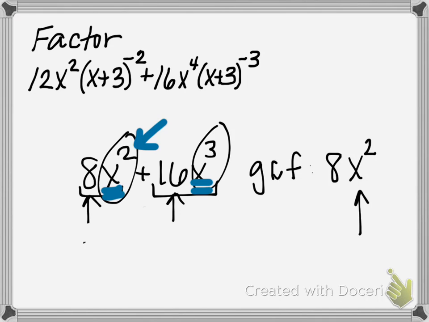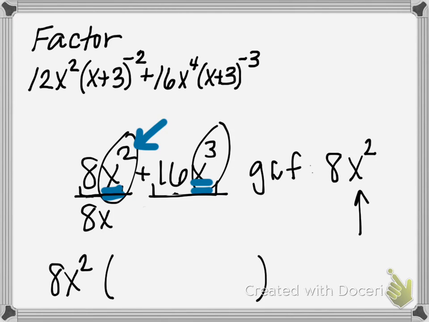And then once you know your greatest common factor, remember factoring means you're going to rewrite the problem as multiplication. So the 8x squared, which was our GCF, gets factored out, and what that means is we're really dividing both of these terms by the 8x squared, and that's going to help us figure out what remains here in my parentheses.